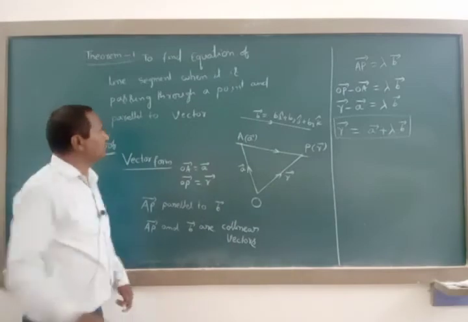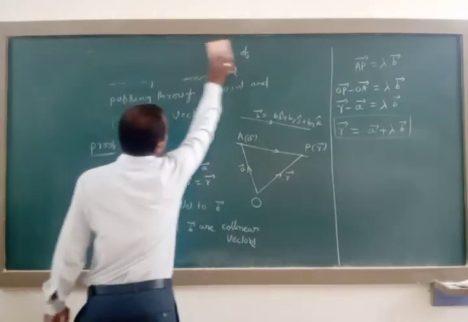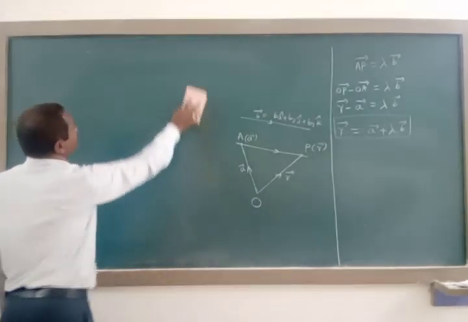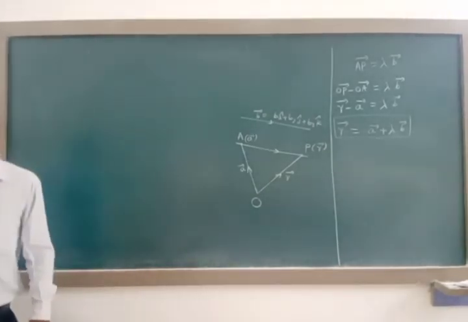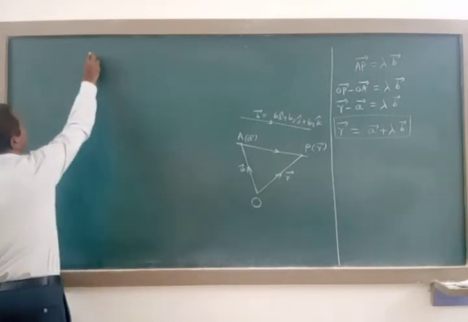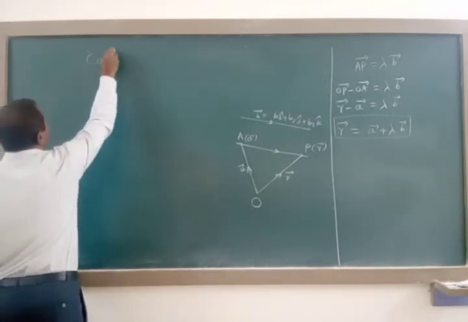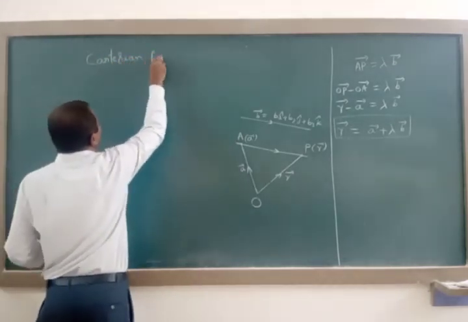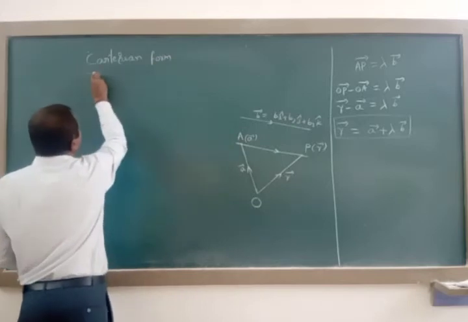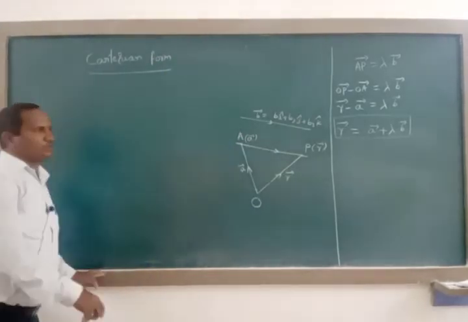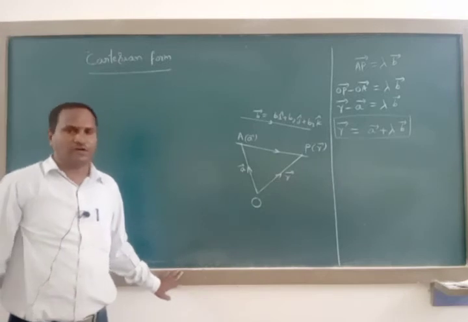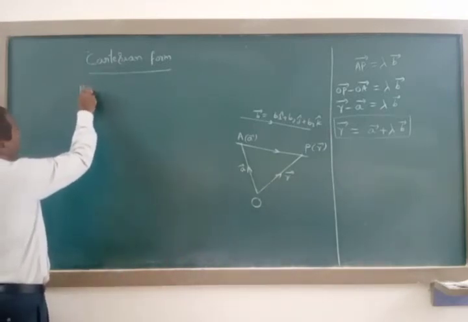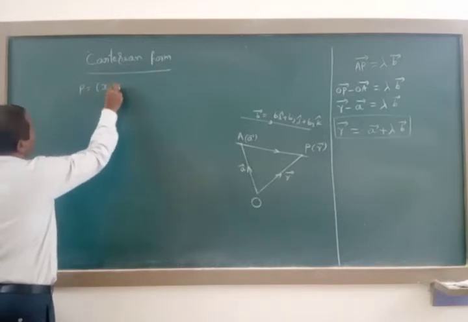Next, the Cartesian form. In this Cartesian form, we will not get any vector formations. Let P be x comma y comma z.